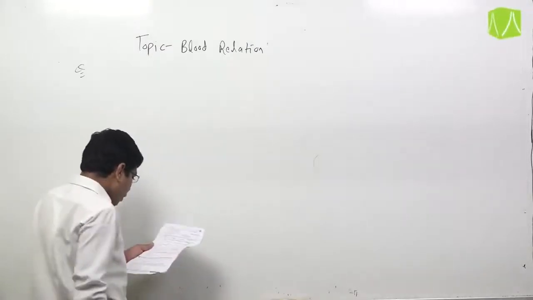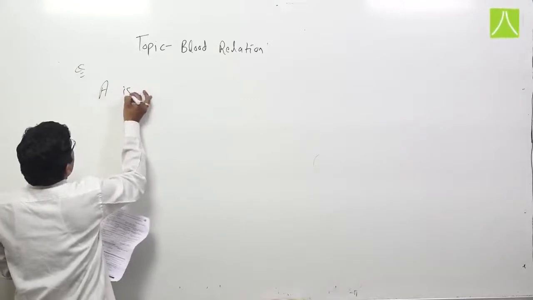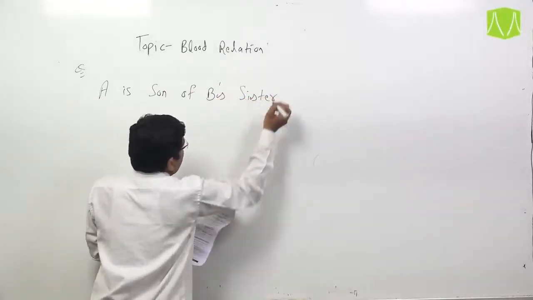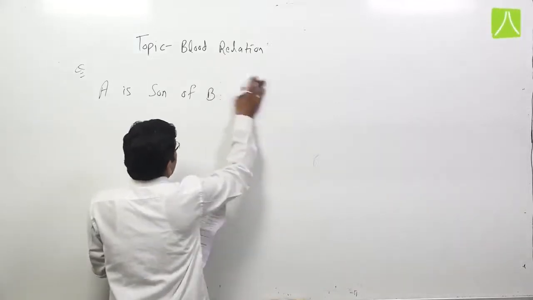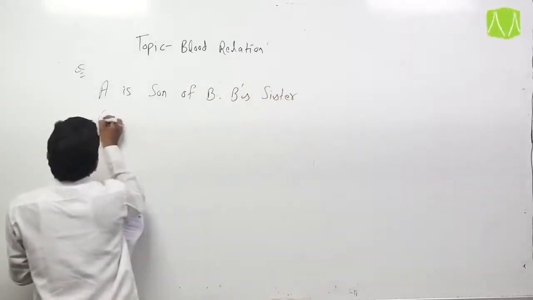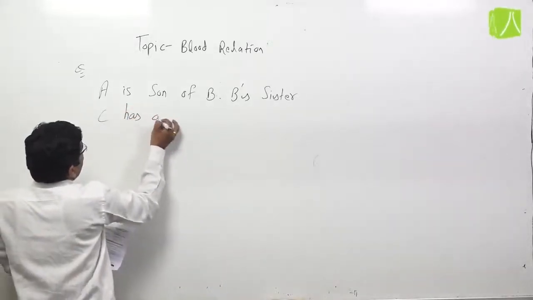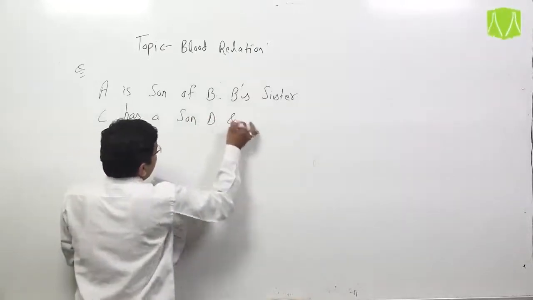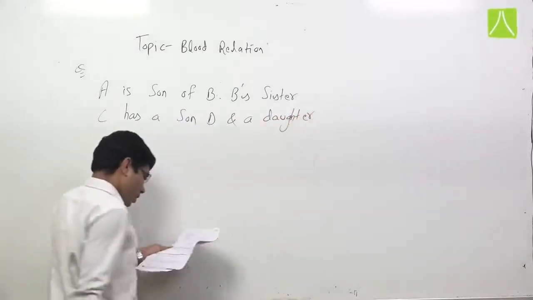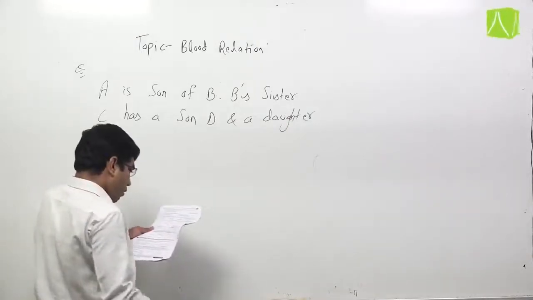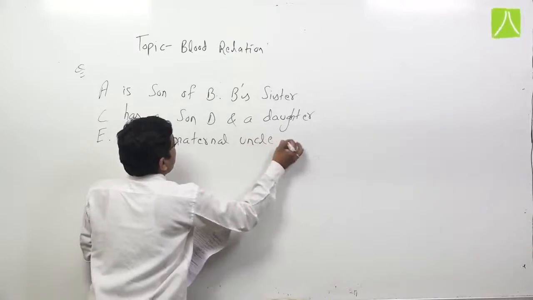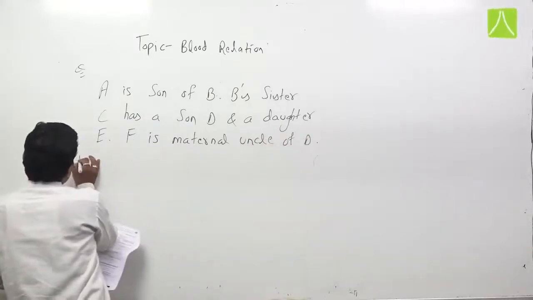Question is, A is son of B's sister. B's sister C has a son D and a daughter E. F is maternal uncle of D. According to this, we have to answer two questions.